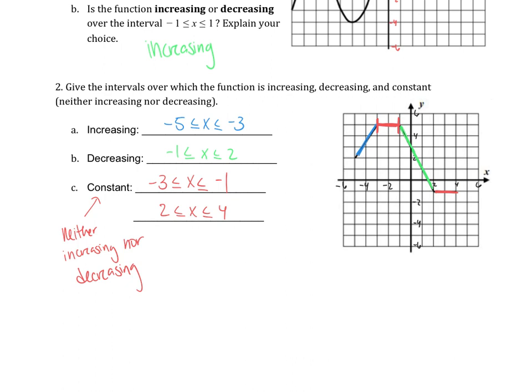Hopefully you see it's increasing from -5 to -3. Then it starts being constant from -3 to -1. And then it starts decreasing from -1 all the way to 2. And then lastly, it's constant again from 2 to 4.